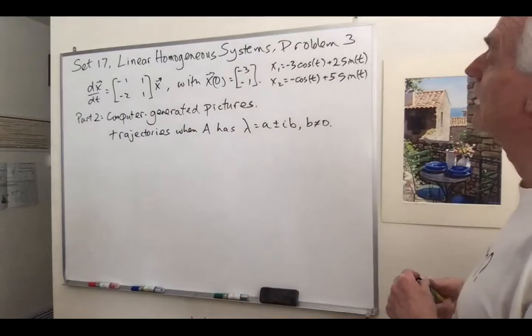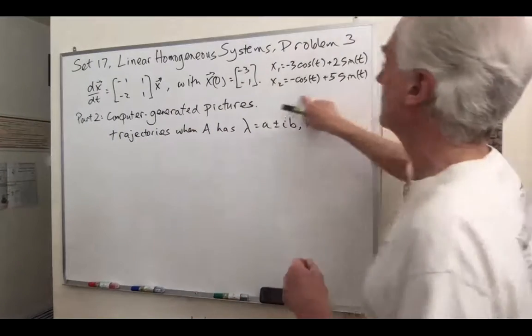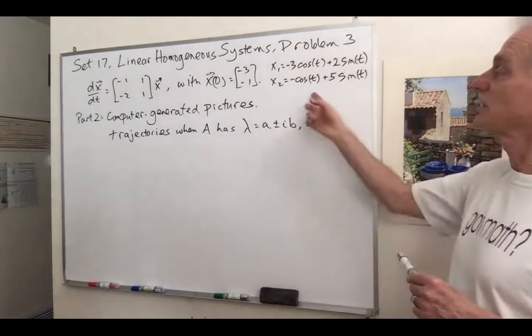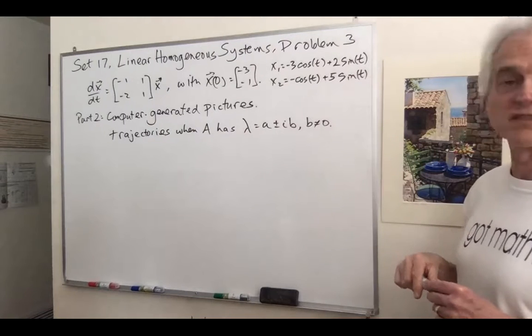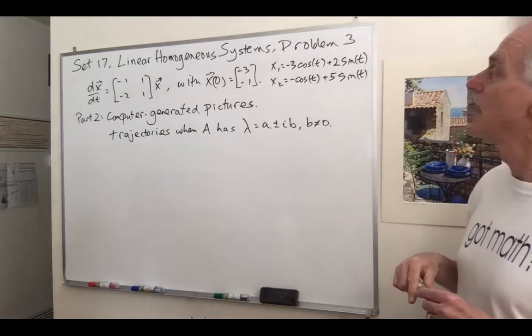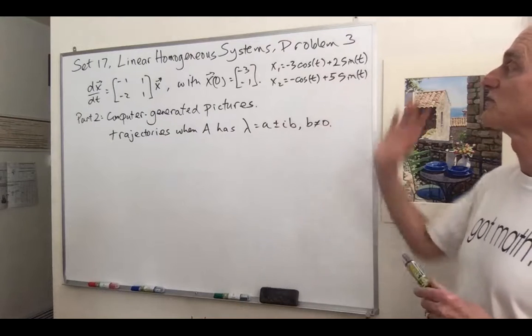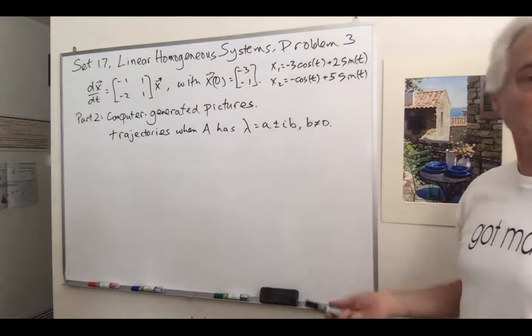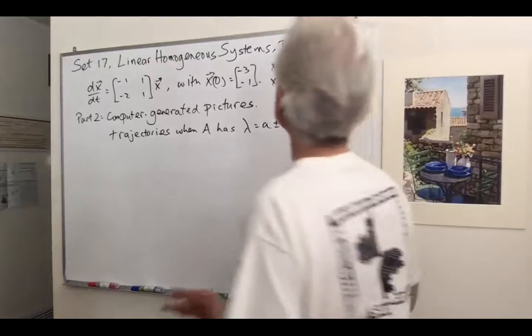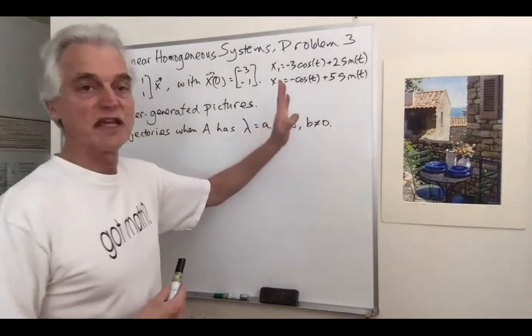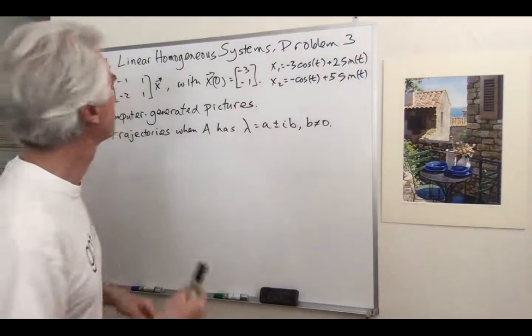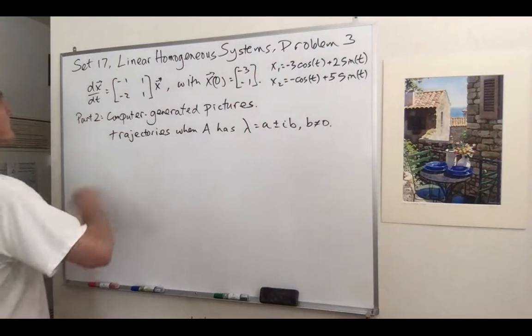The solutions here are ellipses in the x1, x2 plane. That's not so easy to see, but it is easy to see that they're periodic. If I add 2 pi to t, I get the same x1 and the same x2. So I'm going to put this on the computer.